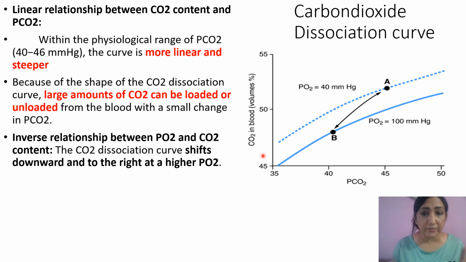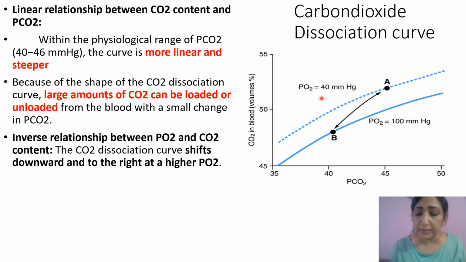And the very interesting part is the inverse relationship between the PO2 and the CO2 content. So what is happening? We'll take this at the alveolar level. At the alveolar level, the PO2 in the pulmonary capillary is 100. Because of this 100, whenever the PO2 level is high, the hemoglobin cannot carry more carbon dioxide. So immediately the hemoglobin will leave the carbon dioxide, and it will diffuse out from the pulmonary capillary to the alveolus and be exhaled out through the lung.